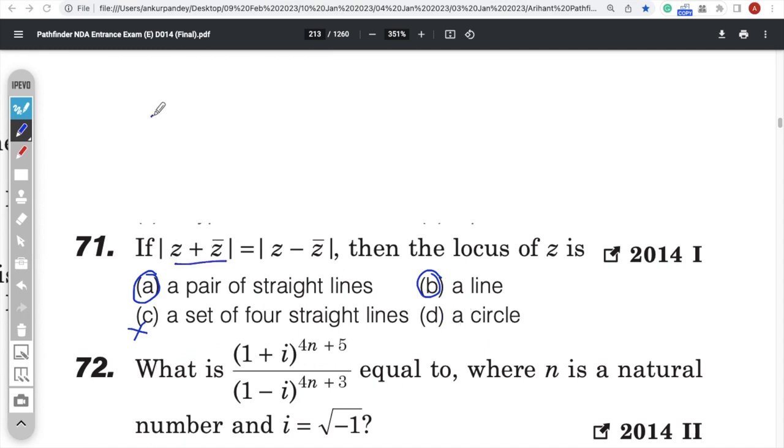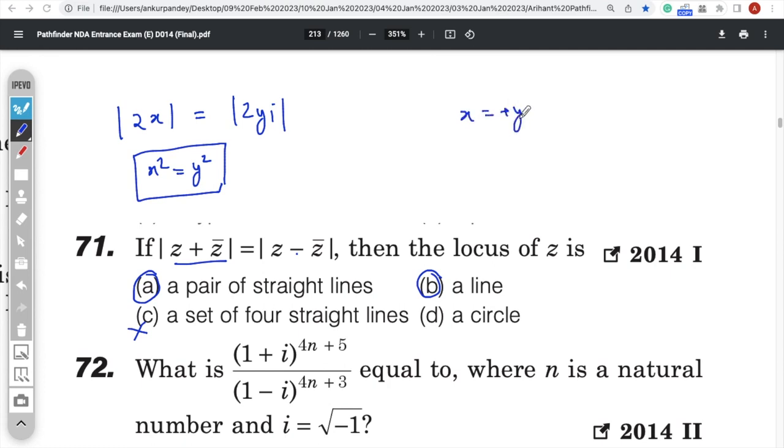This is nothing but mod of 2x. This is nothing but mod of 2yi. Oh, okay. So it is x square equal to y square. x square equal to y square is a pair of two straight lines: x equal to y and x equal to minus y. Clear?